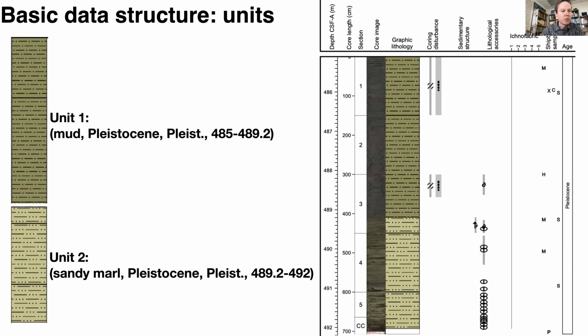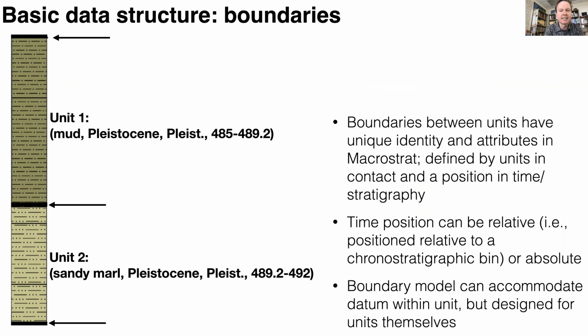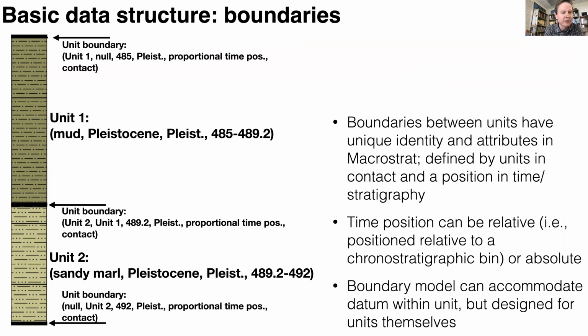And so these would be the fundamental units and the data associated with them in Macrostrat. One of the key things of Macrostrat is that the boundaries between units acquire identities, and they have unique identities and attributes in the Macrostrat data model. They're defined by units in contact and a position in time in stratigraphy. And time position can be relative. So in this case, we have 3 unit boundaries that would have distinct identities in Macrostrat.